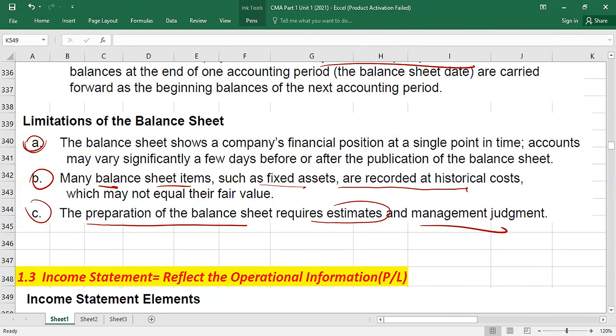Right? So now guys, let me show you some questions, because the income statement we cannot finish. With the income statement, I have to teach the statement of comprehensive income together. So let's do some questions in order to get the idea about it.